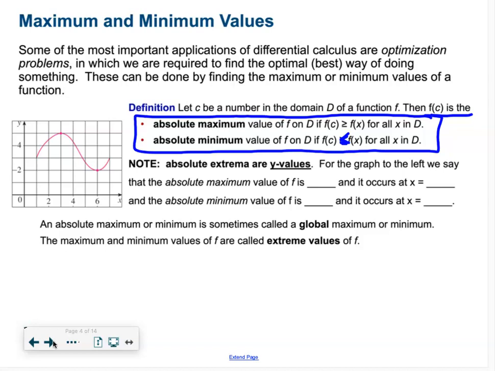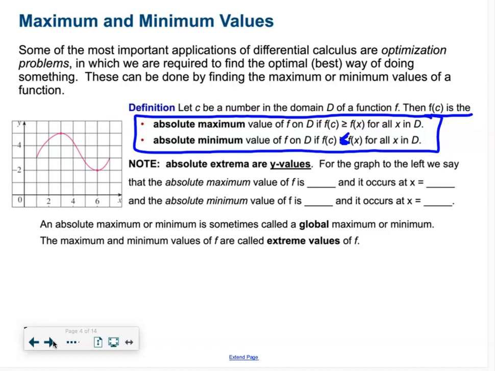Note, absolute extrema are y values. This is 100% no exceptions. College Board requires this. They are y values. You do not write absolute extrema as ordered pairs. However, WebAssign, I'm pretty sure, asks you to enter them as ordered pairs.